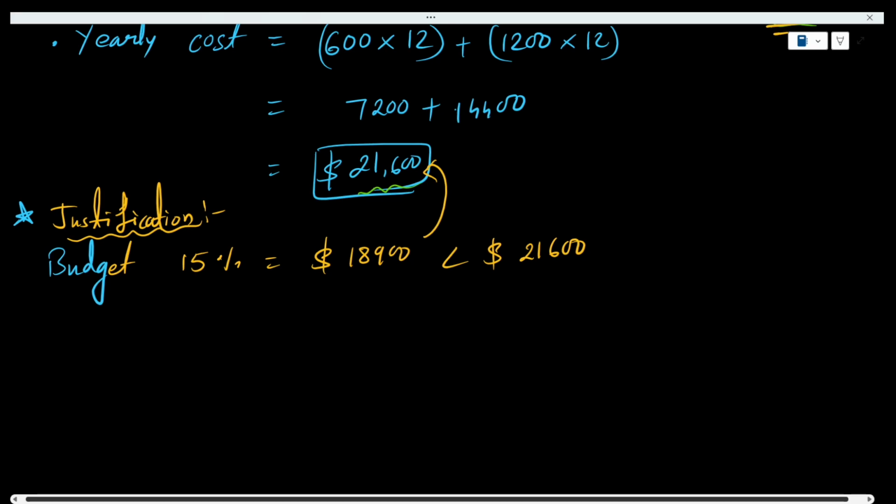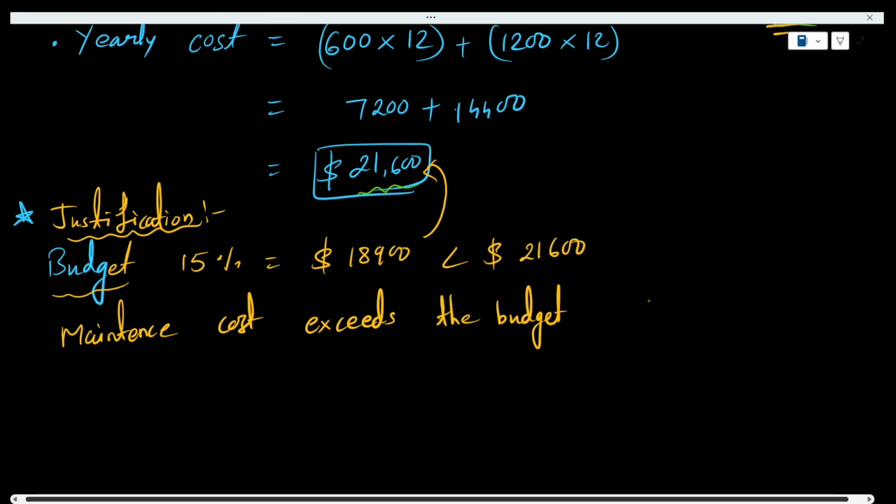That means whatever allocation they are doing, the maintenance cost should not exceed the budget. So it is not good, right? So here you can write down: maintenance cost exceeds the budget, which is not good, right?